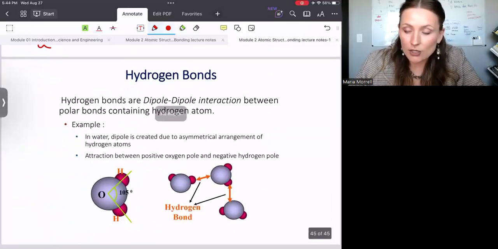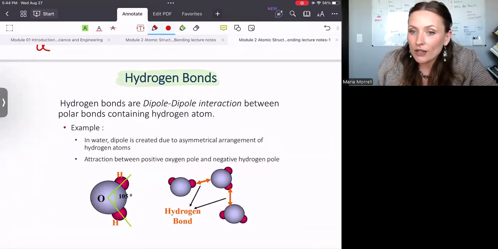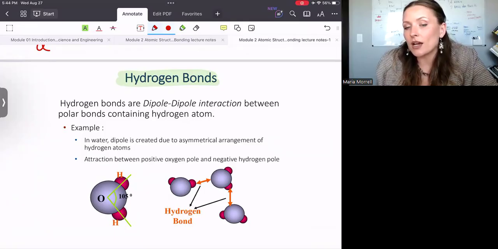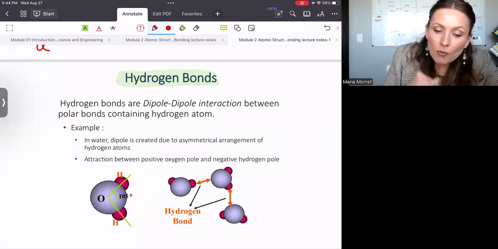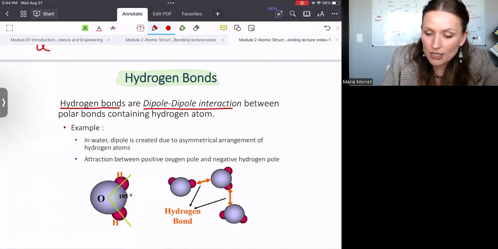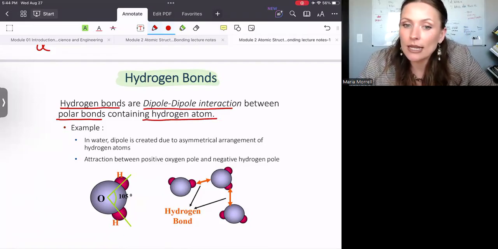This brings me to hydrogen bonds. Hydrogen bonds are a perfect example of secondary bonding. By definition, hydrogen bonds are dipole-dipole interactions between polar bonds containing a hydrogen atom, and it's usually hydrogen-oxygen or hydrogen-nitrogen.